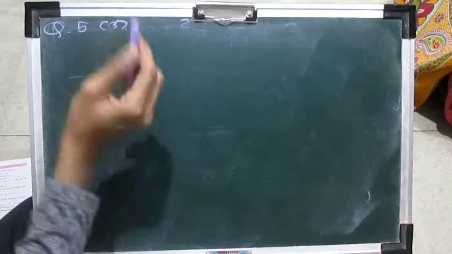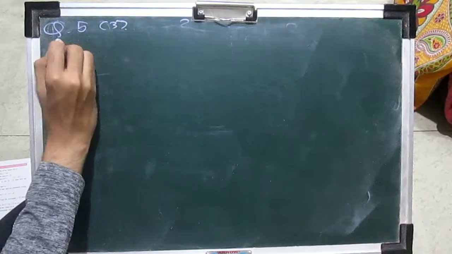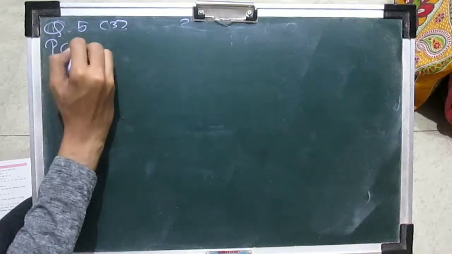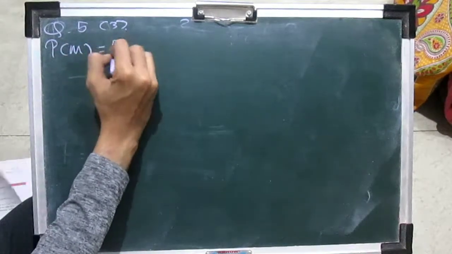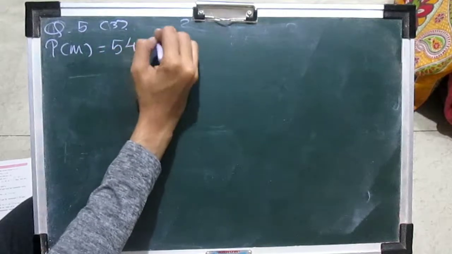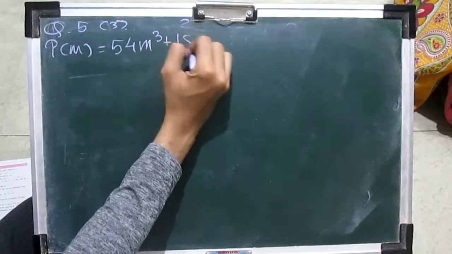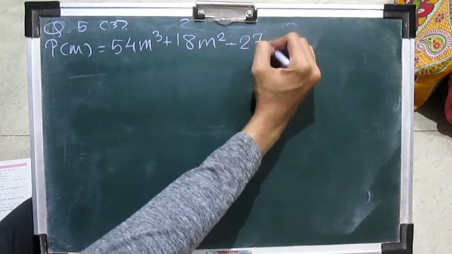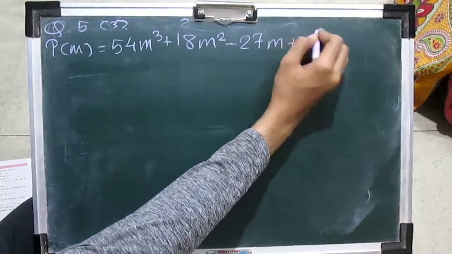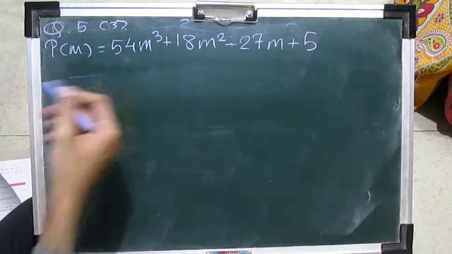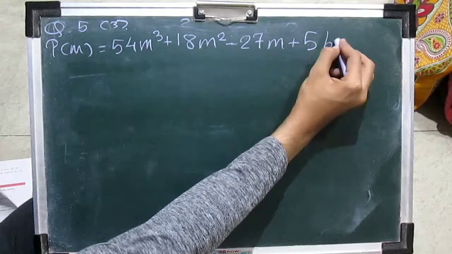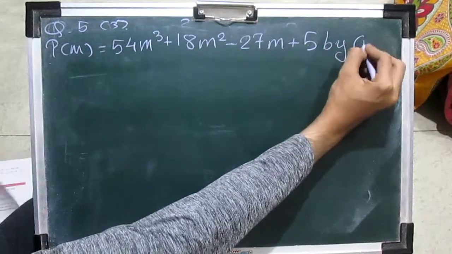The question is, we are supposed to find the remainder where p of m, a polynomial in terms of m, is 54 m cube plus 18 m square minus 27 m plus 5, when it is divided by m minus 3.